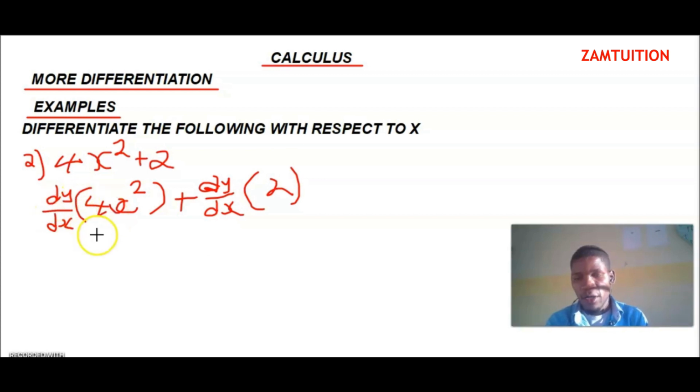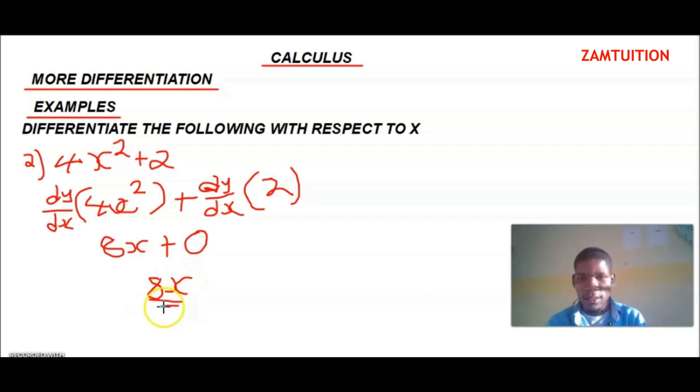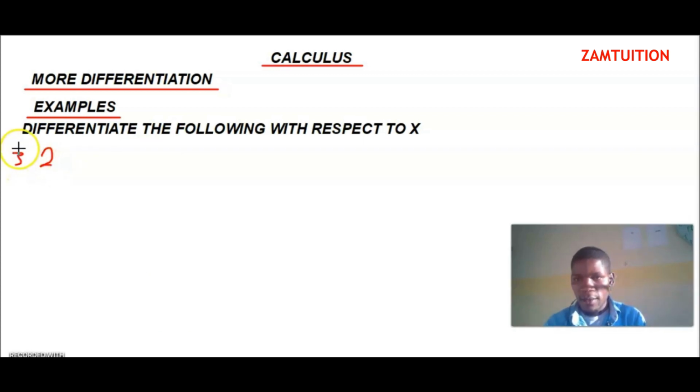So the dy over dx of 4x squared is the same as 4 multiplied by 2, which gives us 8x, and then 2 take away 1 gives us 1, so there's no need for us to show 1 there. And then plus the dy over dx of a constant number, which is 0. So the final answer is 8x.